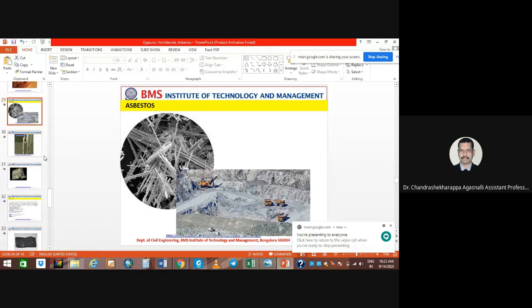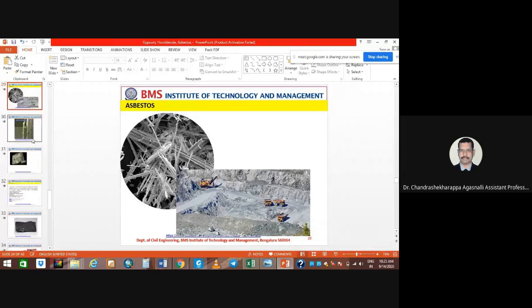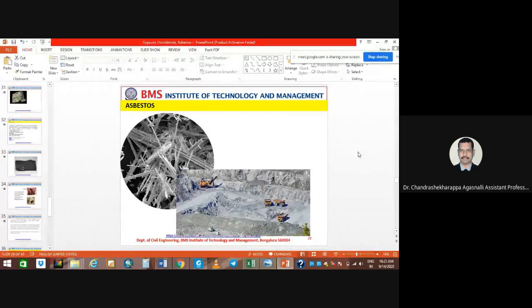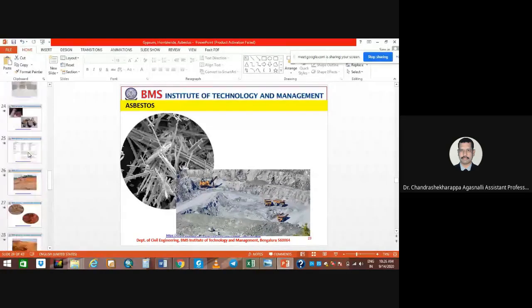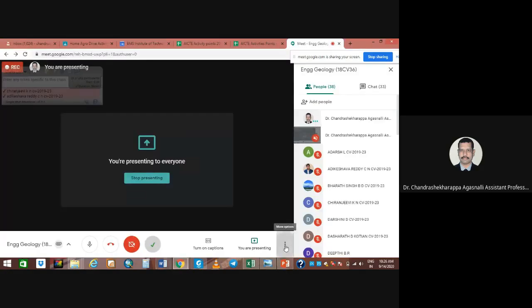Insulation, yes, insulations, and also for asbestos sheets. And corundum and all those things. Hornblende we use for insulations, and asbestos too, and for manufacturing of cement. Hornblende generally we use for manufacturing of cements and other products. Okay, let me stop this.